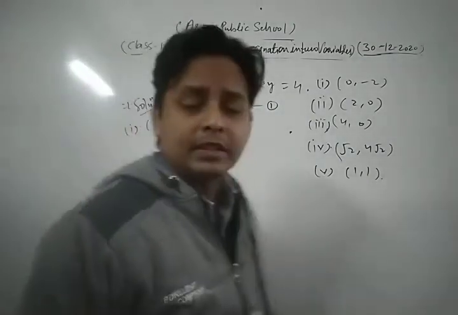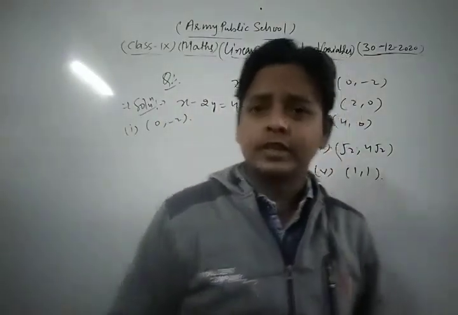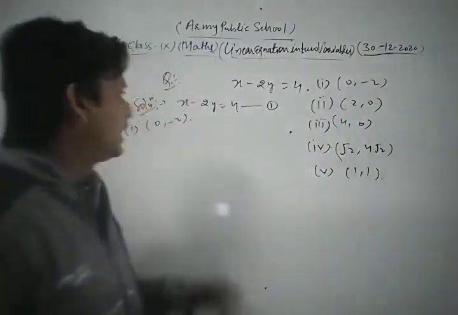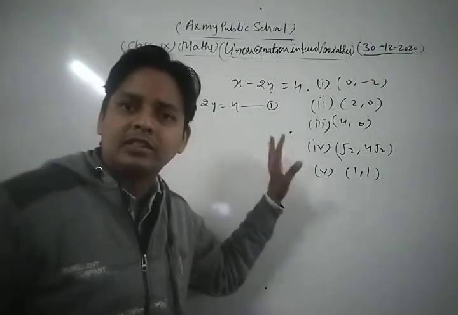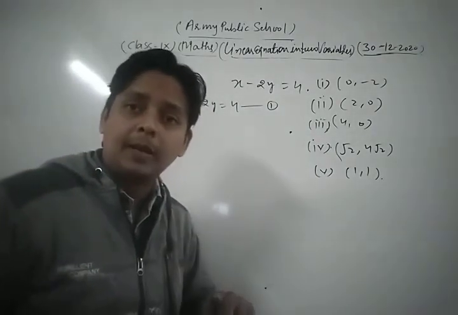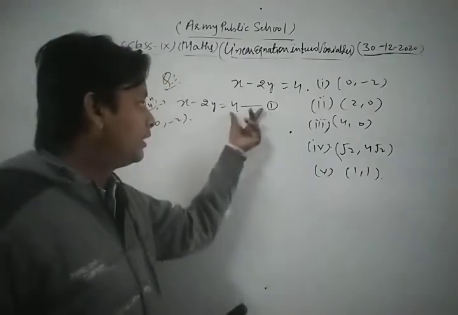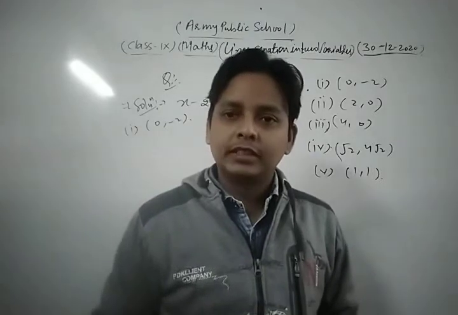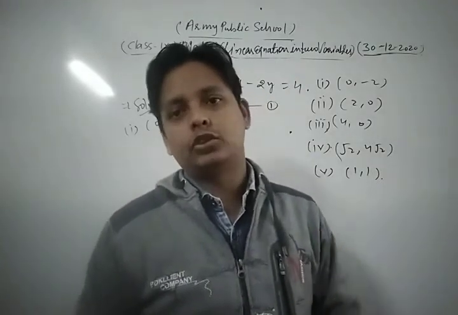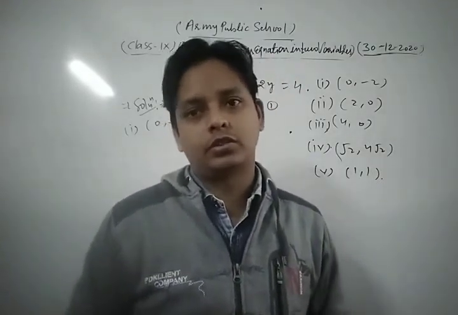We put x is equal to 0 and y is equal to minus 2 in the left hand side of the given equation. If after solving we get 4, which is equal to the RHS, then we can say that it is a solution of the given equation. Otherwise it is not a solution.